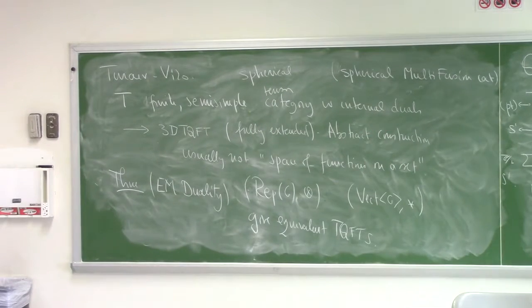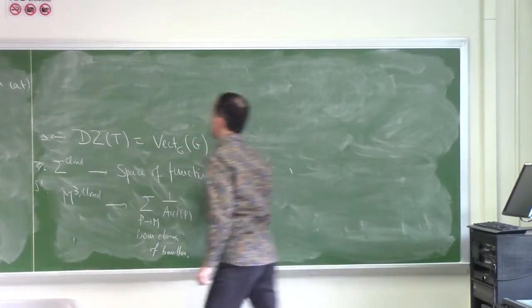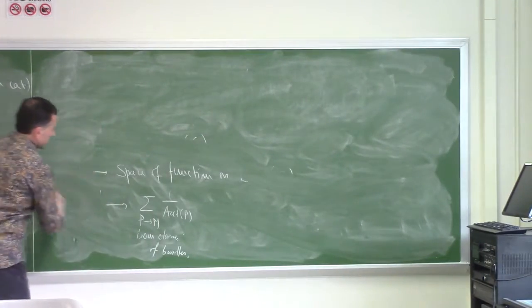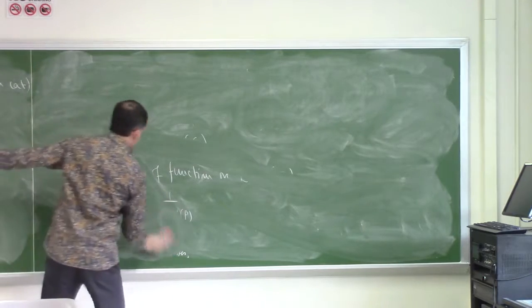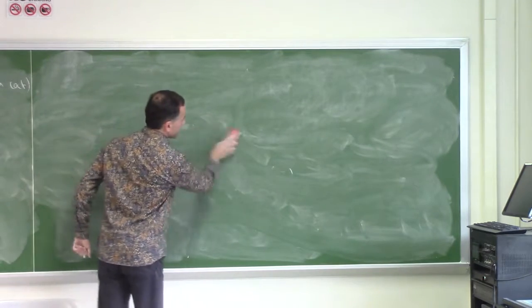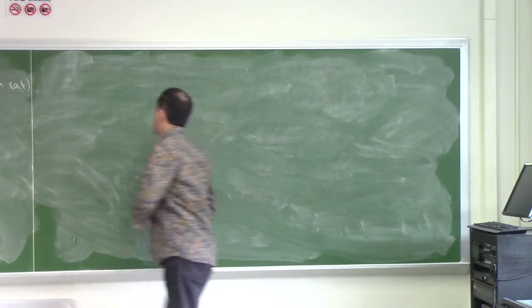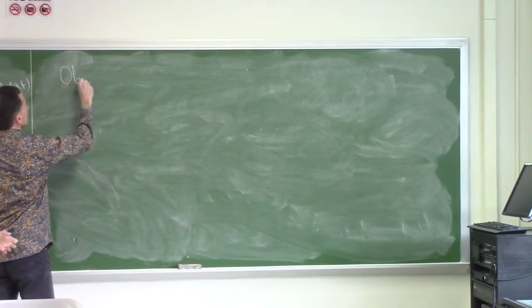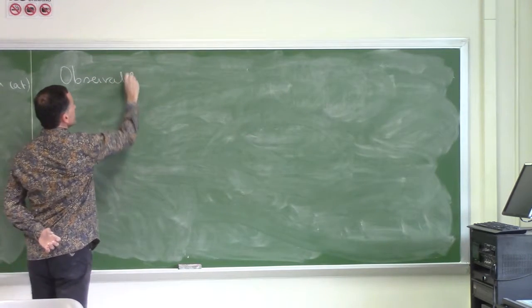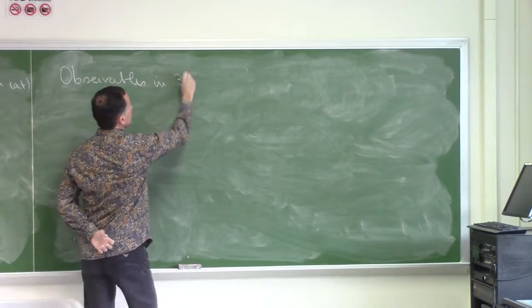There would have been a much more complicated way to describe all this just by using a tensor category structure. But now let me introduce two more things in gauge theory, because they're easy to introduce here. And I'll tell you as an abstract definition that I won't have time to give. Observables in 3D gauge theory.